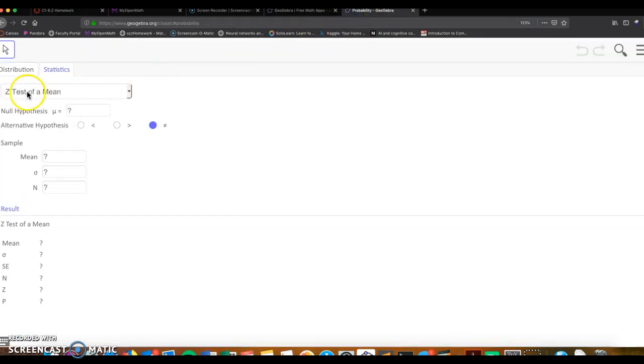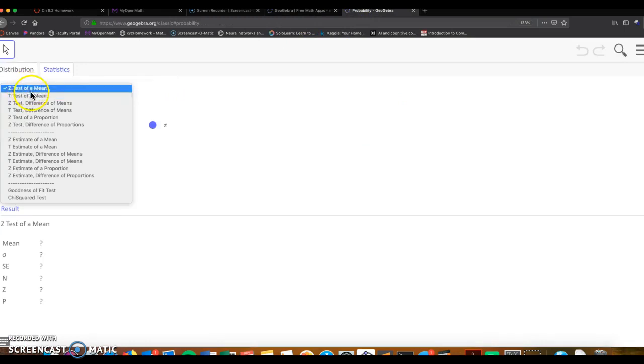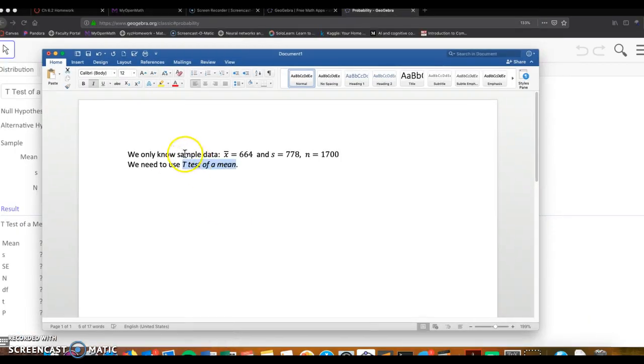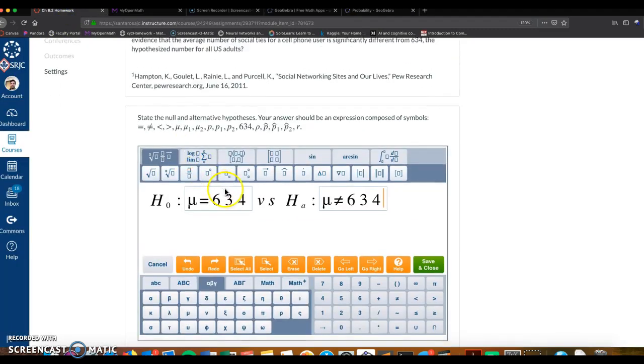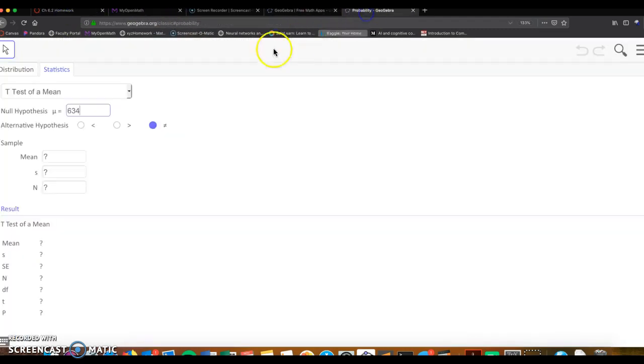So in GeoGebra, I'm going to click right here and change that from a z-test to a t-test. Although once we finish this, I want to show you that in this particular case, it doesn't matter. But I think it's simpler to keep it straightforward: if we only know sample data, we're going to use the t-test. All right, so then we have to enter the null hypothesis. I think this was 634. Make sure I don't get that wrong. 634 for the null hypothesis.